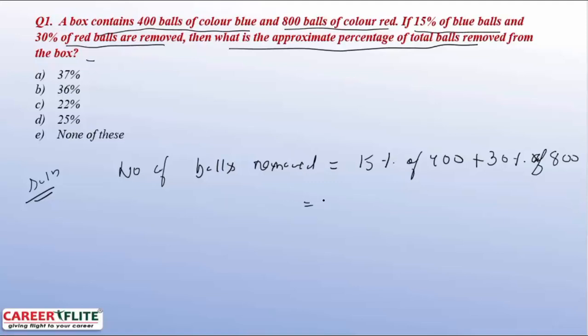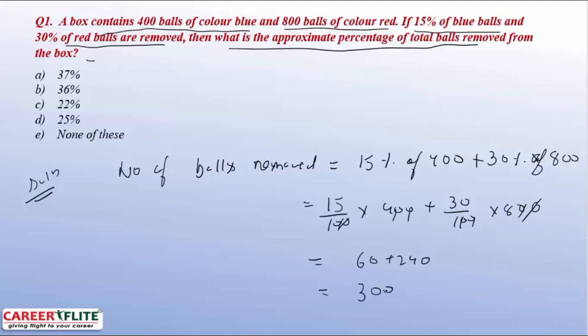So what will be the value of 15 by 100 into 400 plus 30 by 100 into 800? So we will get the total value as 60 plus 240, which is 300.